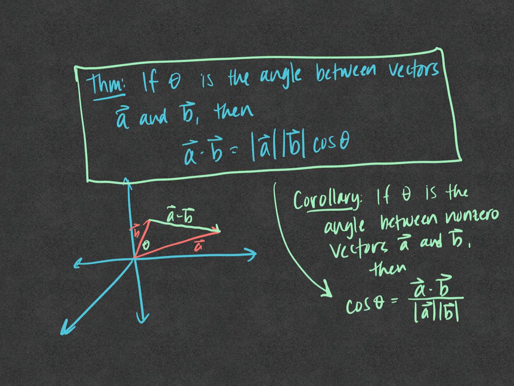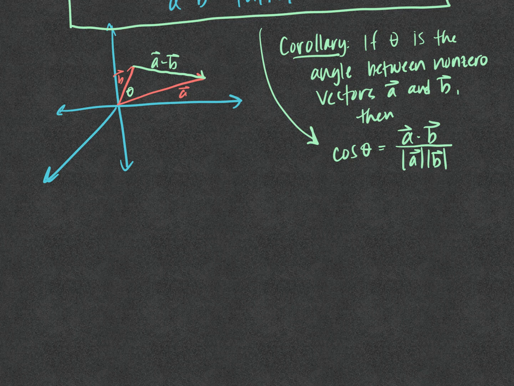So if you're given A and B, you could find cosine of theta, and that's what we do with it a lot. So we're going to pick up this theorem. In fact, I'm going to slide my screen up, and we're going to use this corollary right here. And let's say the problem says, the example, there was another example, but it was dumb, so we're going to skip it.